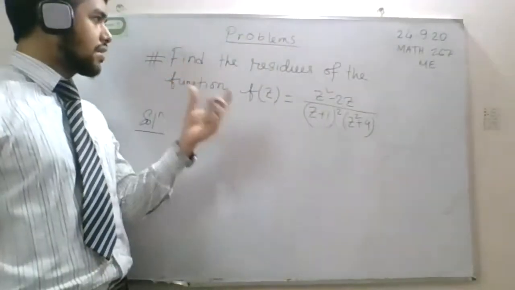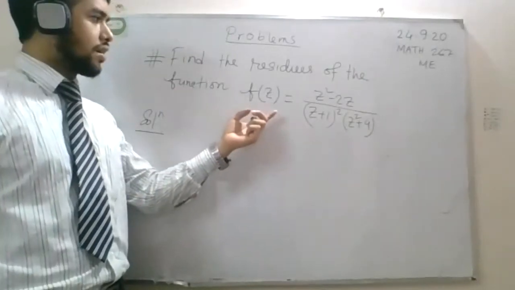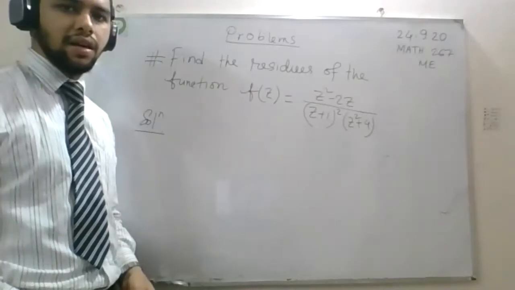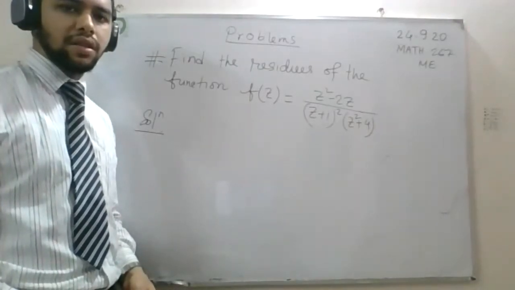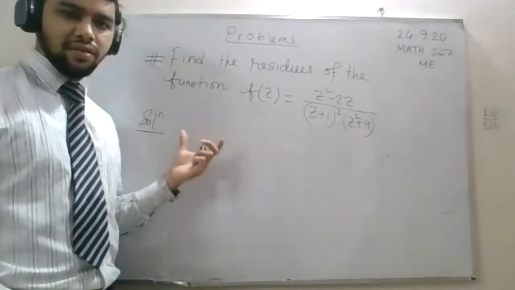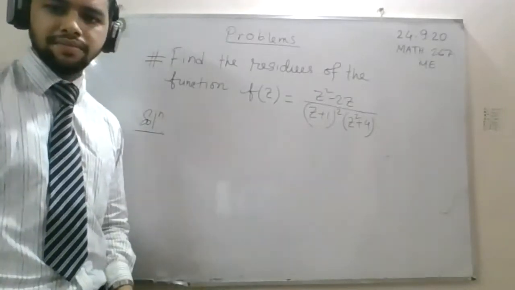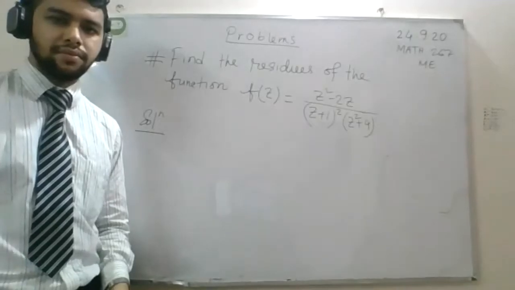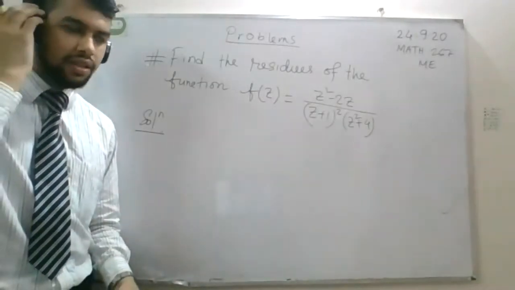We have to find the residues of this function, where the function is f(z) equals z square minus 2z divided by z plus 1 whole square into z square plus 4. So what do we have to do at first to find the residues of this complex function? Anyone? Can anyone tell me about it?